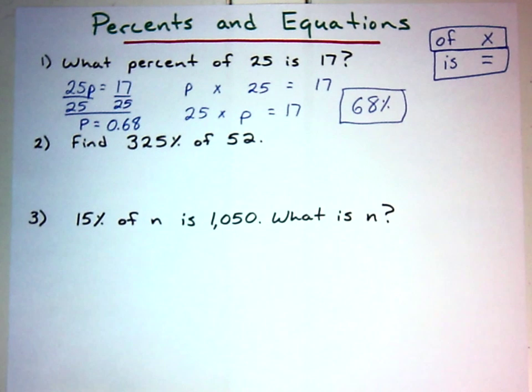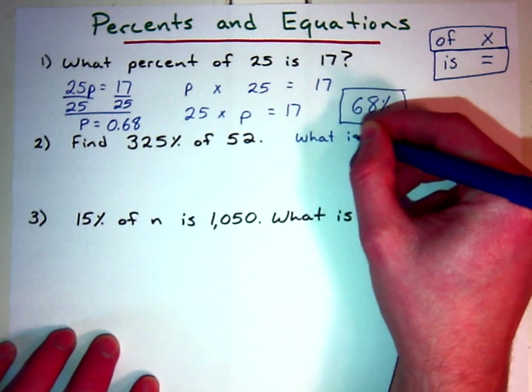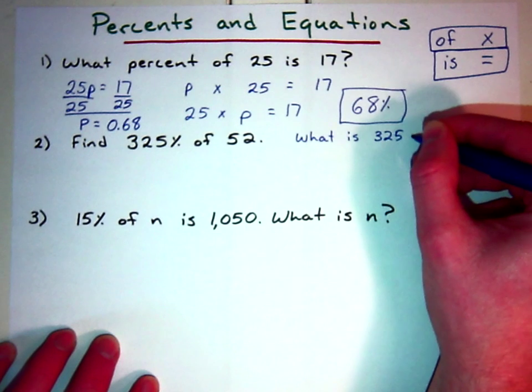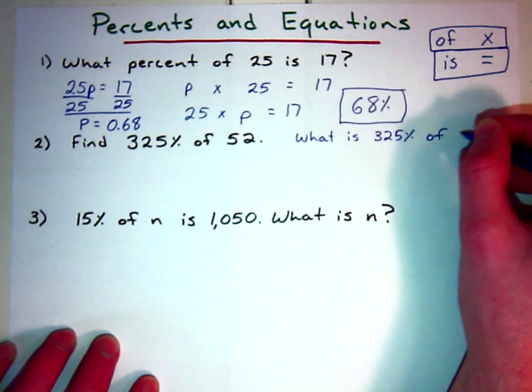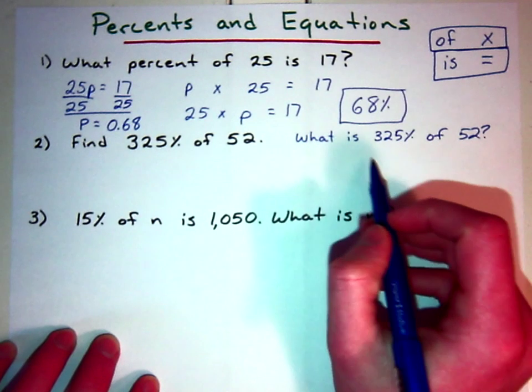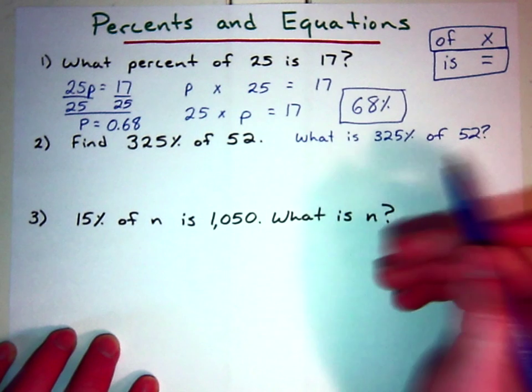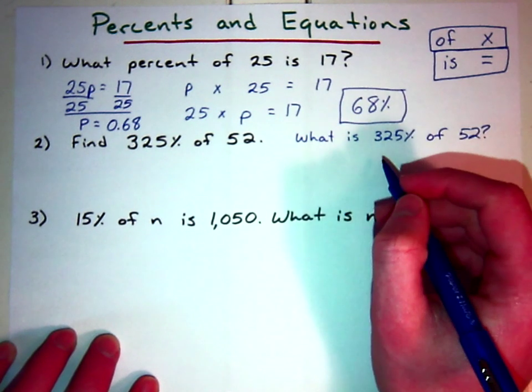That's what find means. It means what is this. So we could rewrite this as, what is 325% of 52? And turn it into that question and see, well, we have the is and we have the of. So let's use that is, let's use that of, and let's plug it in, okay?